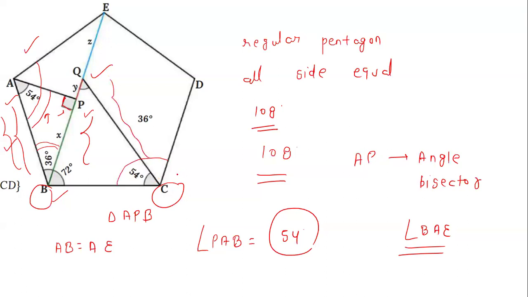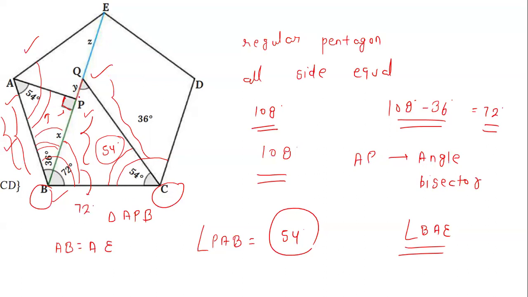CQ is the angle bisector, so this angle is 108 divided by 2, which is 54 degrees. This whole angle is also 108, and in the previous calculation we found this angle is 36. So 108 minus 36 is 72, and the remaining angle is 72.